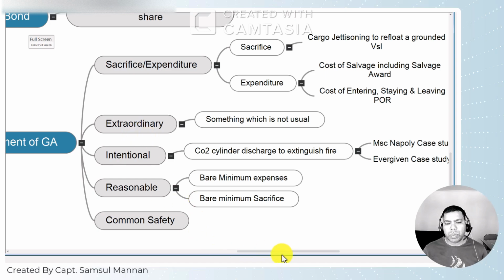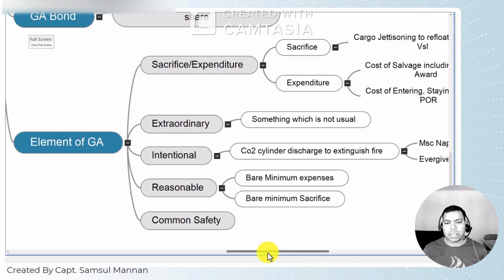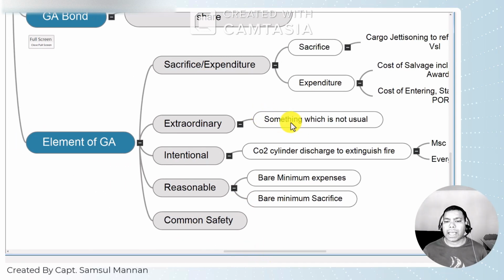Obviously, to be called a general average, the event has to be extraordinary. That means an event which is not usual, right? Suppose you are starting a voyage from Malaysia to the Persian Gulf, right? And you know that during June and July there will be huge swell and bad weather in the Bay of Bengal, right?